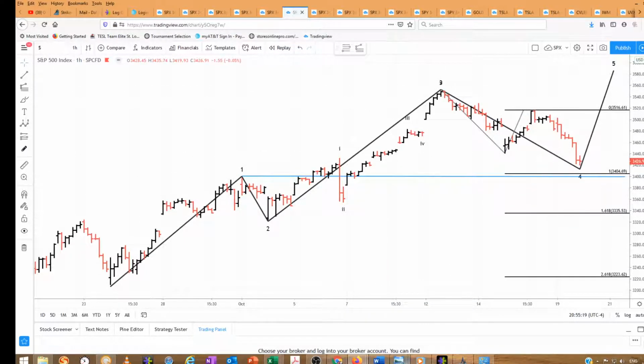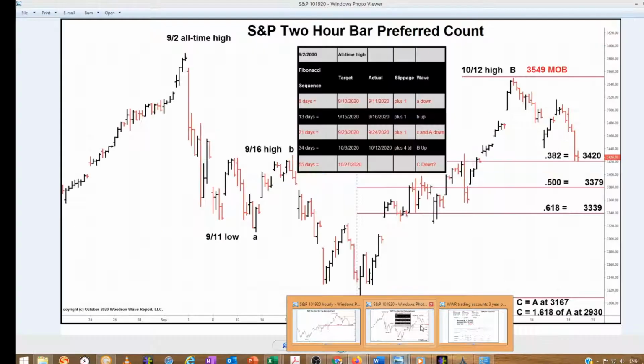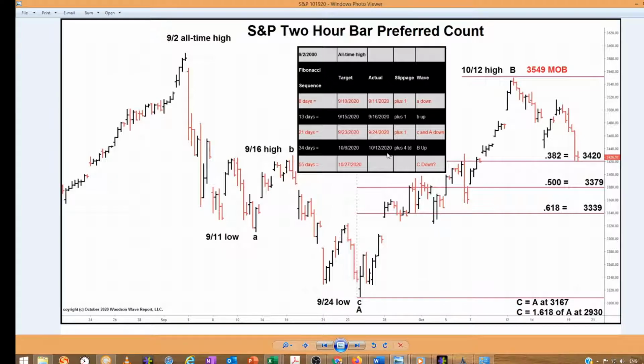I want to go back real quick to our preferred count with this Fibonacci time spiral. I want to point out that there's no guarantee there'll ever be a crash, and it's such a slight chance that there will be. But if there is to be one, they generally happen a Fibonacci 55 days after the all-time high.